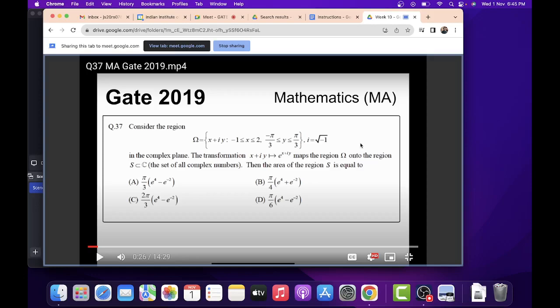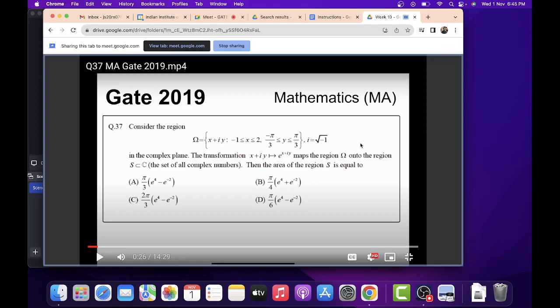So it is an annulus centered at 0 with two circles e squared and e inverse, and again two lines cross. So it will be the right half of the annulus, not the entire right half but some part, because two lines are there.